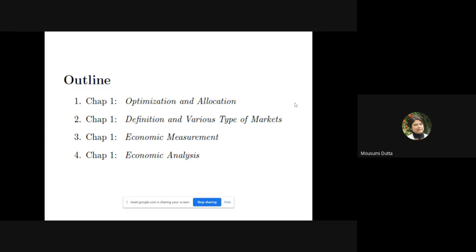And I'll finally talk about the journey of microeconomics, how the subject evolved, and how it will help us analyze real life situations economically. So this is how we will understand the philosophy of the subject. What does economic analysis mean from the viewpoint of microeconomics? Today I'd like to cover all these aspects.